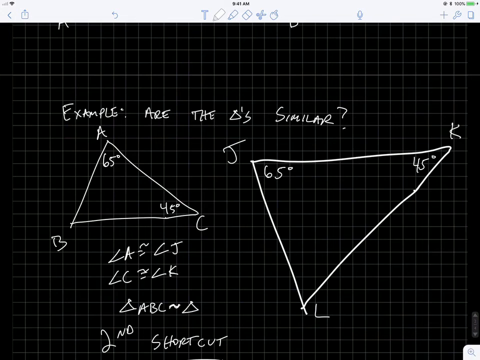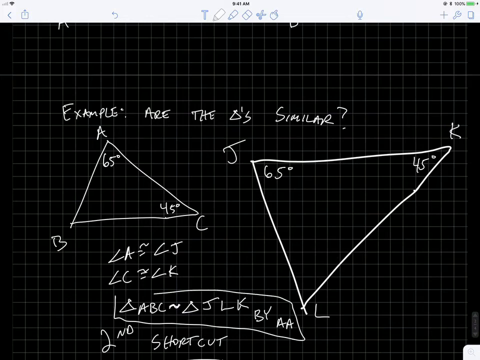Now we've got to get the order right. Angle A was 65 degrees, so I've got to put the 65 angle first. Angle B was the unknown unmarked angle, so that's what L is. And then we have K lastly by angle. So that's what we would say here. The two triangles are similar because of angle.